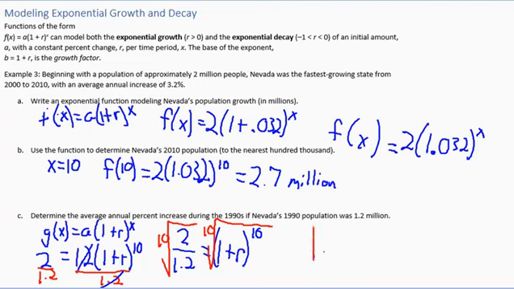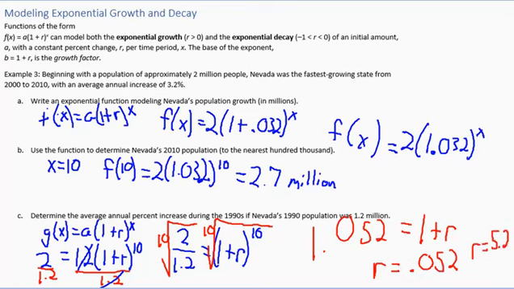You get 1.052 equals 1 plus r, and then you're going to have to subtract 1 from both sides, and you get r is equal to 0.052, and then we have to change that to a percentage. 5.2%. And so the rate that Nevada's population grew in the 1990s was a 5.2% increase, which was even higher in the 2000s.